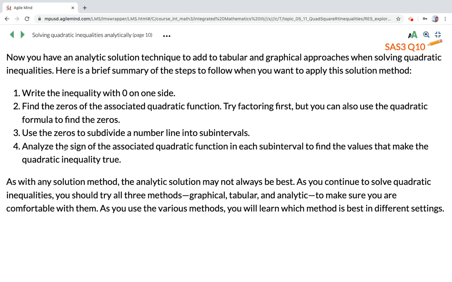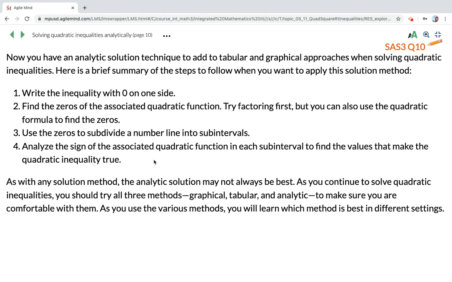Then once I have the zeros, that allows us to make a number line to subdivide things into little subintervals. And then we do our sign chart and we analyze the sign of the quadratic function within each interval, to see if it's going to be positive or negative, to figure out what's going to make our inequality true.